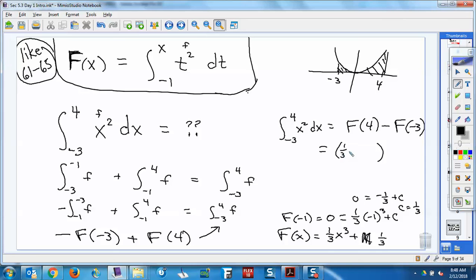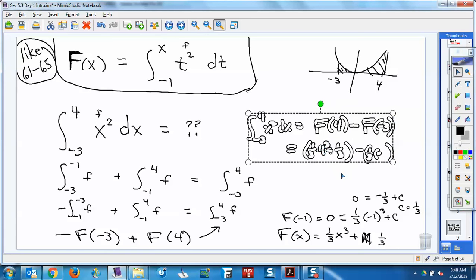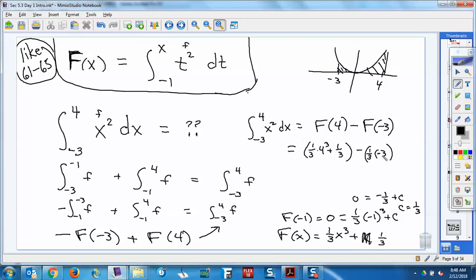So I can go 1/3 times 4 cubed plus 1/3, and then minus, and now I put in a -3, so it'll be 1/3 times -3 cubed plus 1/3, right?